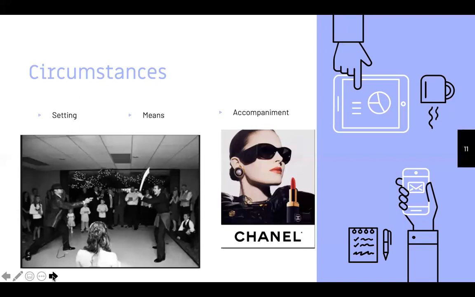This is to connect accompaniment so that we know we have to focus on her lipstick. So I have something to offer, that is the lipstick by Chanel. So this is the circumstantial element that gives the context and gives more meaning to the image.